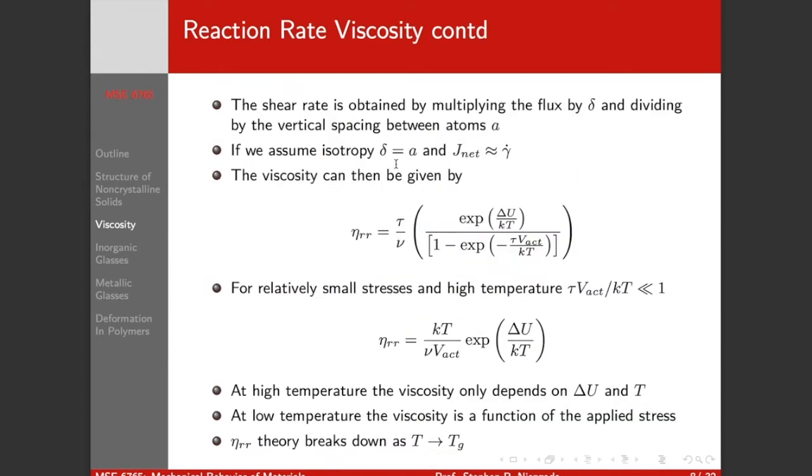So the shear rate is going to be obtained by multiplying the flux, the number of jumps per second, by the jump distance. Right? So this is equivalent to basically the Orowan equation, the velocity of the dislocation times the Burgers vector length.